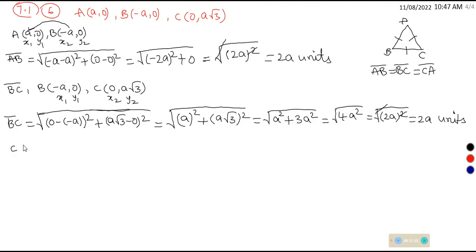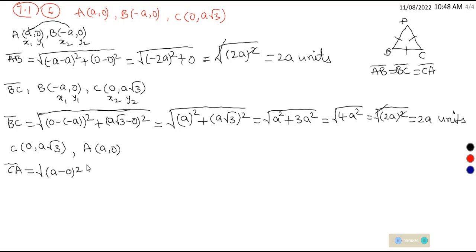CA, C is 0, a root 3, and A is a, 0. Now CA distance is root of a minus 0 whole square.